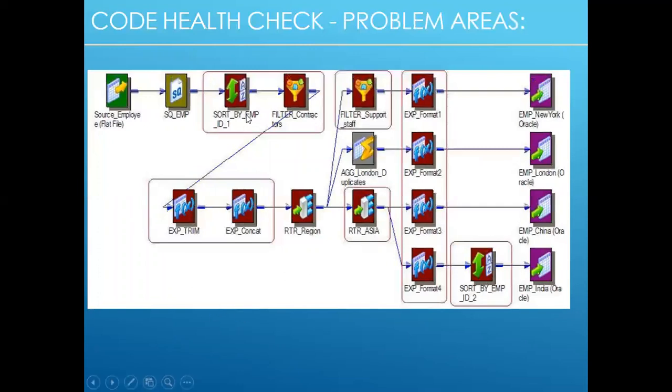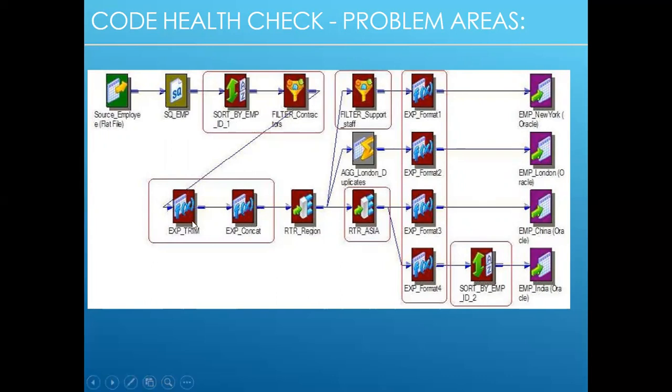Here you can see I am putting a sorter, then putting a filter. So let's say I'm doing sorting here, then filter. The filter should be earliest. Filter should be first, sorter should be next, because I want the unnecessary data not to go ahead. So keep the filter first, then the sorter.